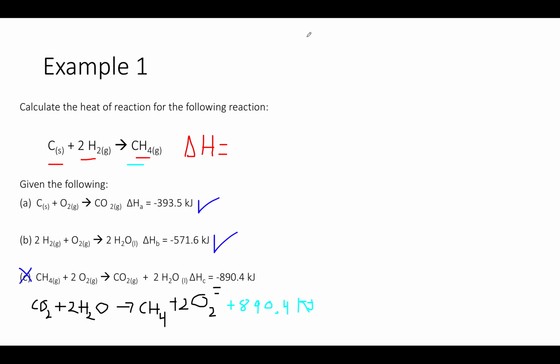So here I have carbon plus 2 moles of oxygen gas plus 2 moles of hydrogen gas plus carbon dioxide and 2 moles of water.